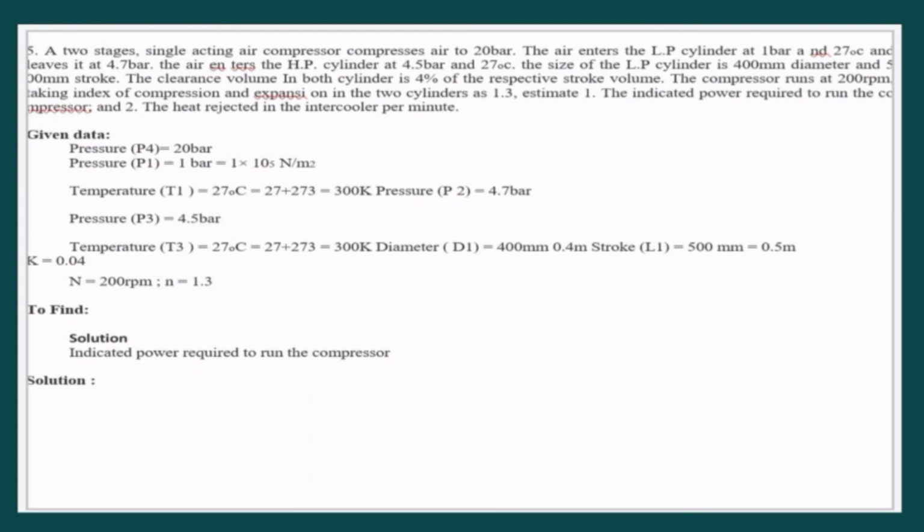The size of the low-pressure cylinder is 400 mm diameter and 500 mm stroke. The clearance volume in both cylinders is 4% of the respective stroke volume. The compressor runs at 200 rpm, taking index of compression and expansion in the two cylinders as 1.3.